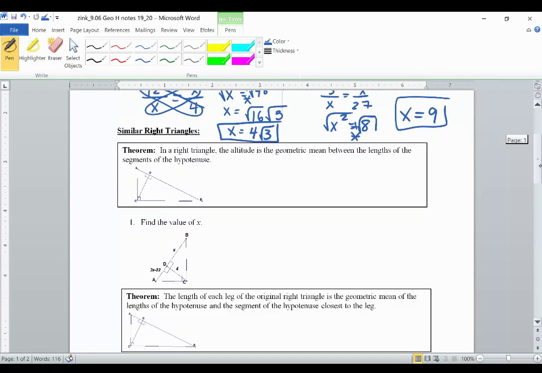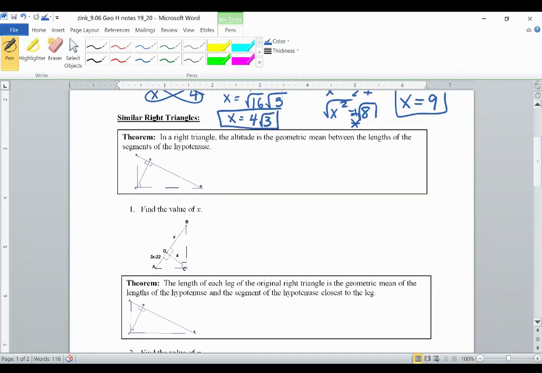Now we're going to use that geometric mean to find a missing part of a triangle. We are talking about right triangles here. You identify these types of problems by looking for a right triangle with an altitude dropped inside of it.